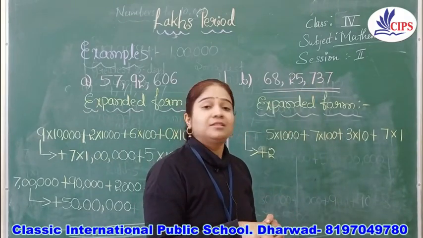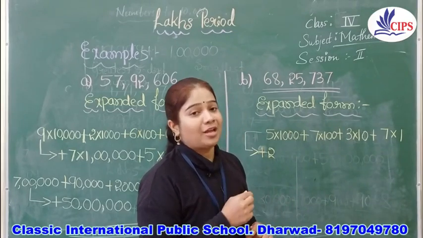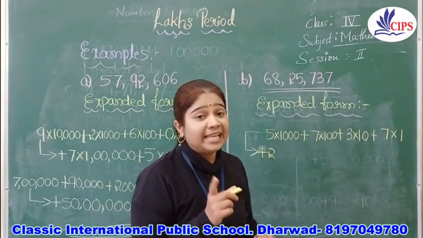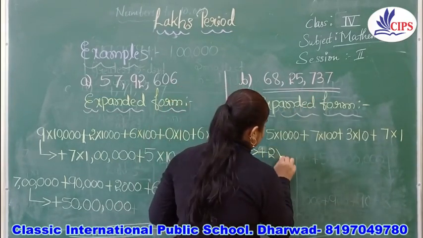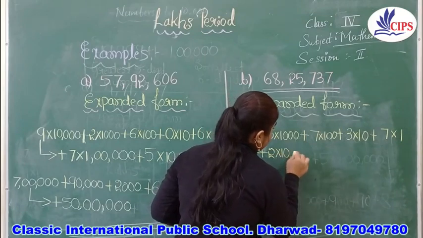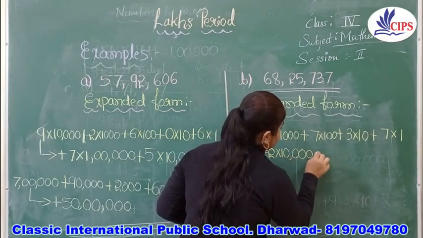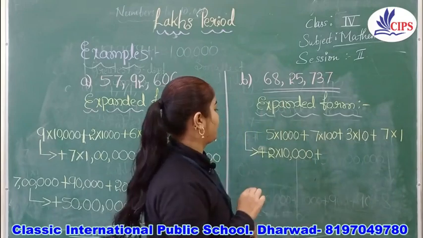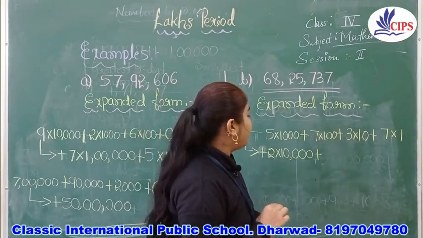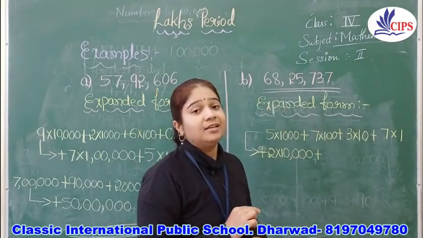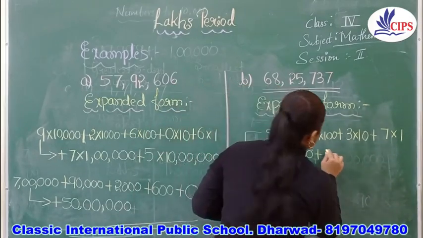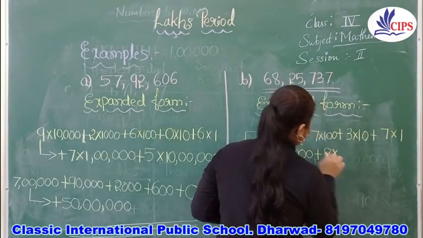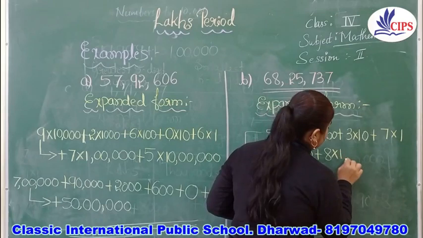Again 1000? No. You already know now. So it is 10,000. Right. Plus. Next 8 is there. So 8 is in the lakh place. Right. So we'll write that, 8 into lakh. You know that.